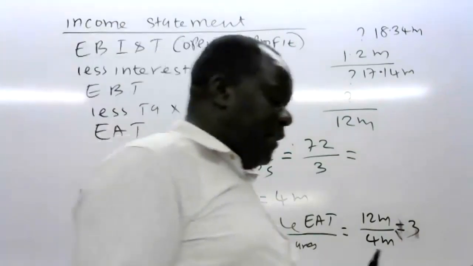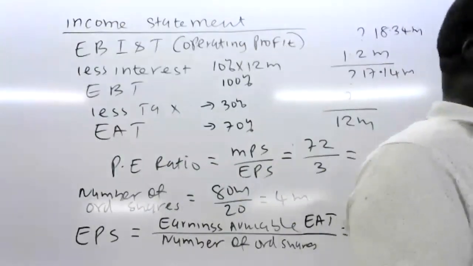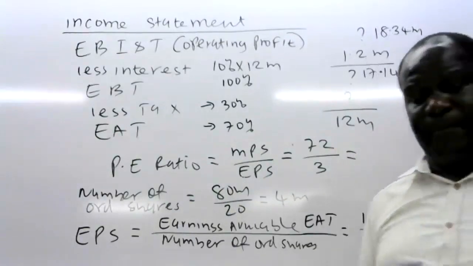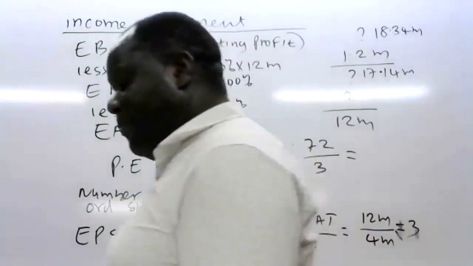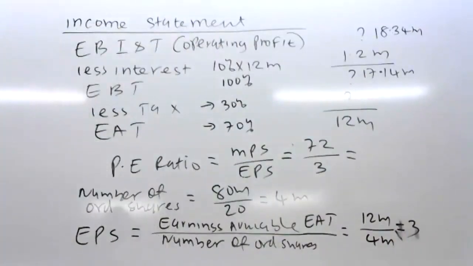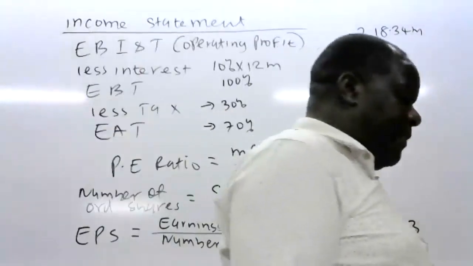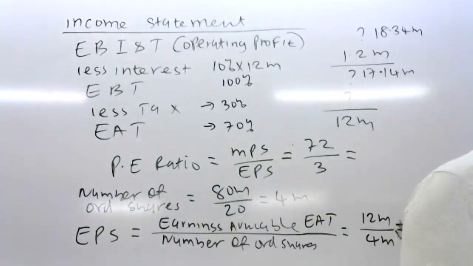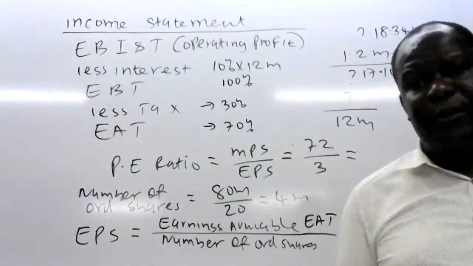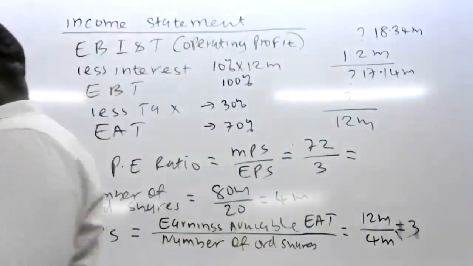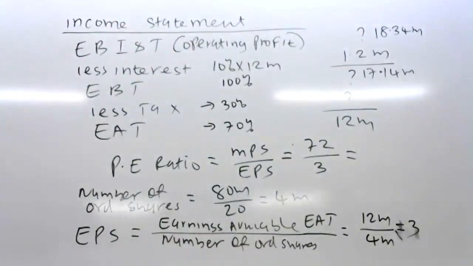Then the operating expenses ratio. It shows the relationship between total expenses, including the interest paid, and the sales. So the operating expenses ratio will be equal to total expenses, excluding the interest expense, divided by the sales. Then also the net profit margin ratio. They have given you how to compute that.